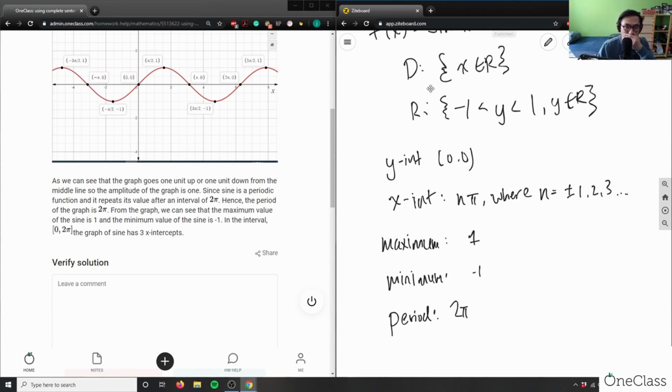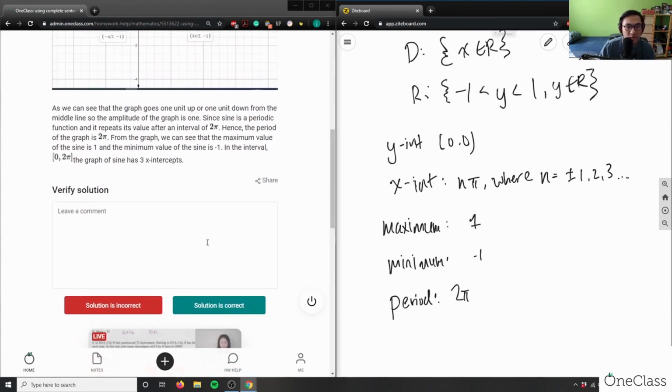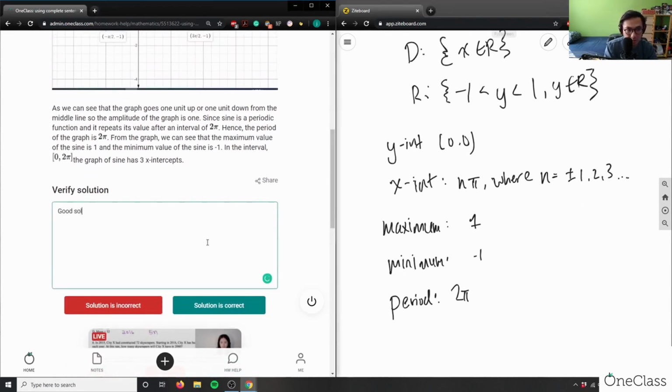I would have liked to include a domain and range, and also how my x-intercept repeats every n pi here. But that's about it. I can't really ask for more here. So maybe I'll say this is a good solution.